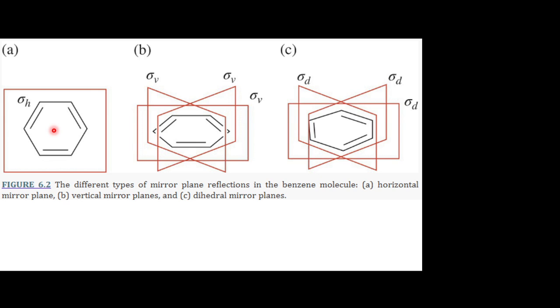Can everybody see it okay? And that would be your C6, rotating this around. The one that's perpendicular, the plane of the paper itself, is actually your horizontal, or H, plane of symmetry, or mirror plane of reflection.